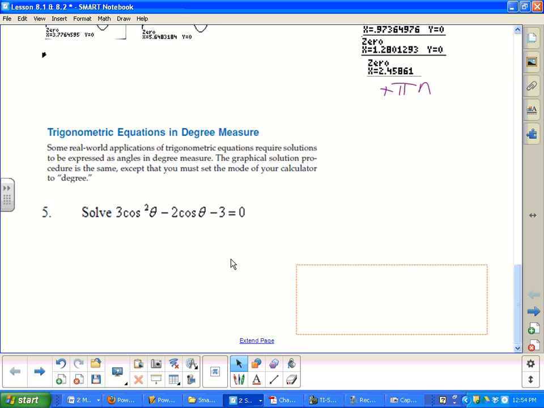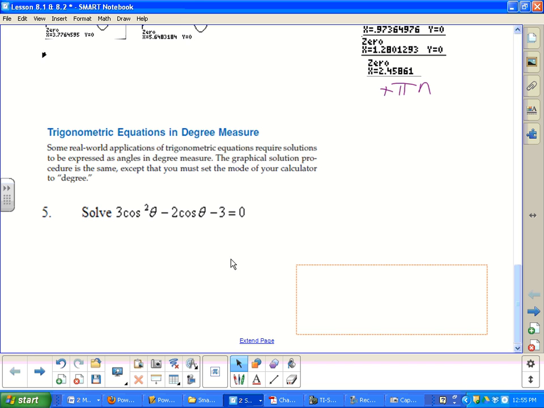Okay. Now, what did you just say, Allie? You have to change it to degrees. Yeah. Okay. Here they want our answers in degrees. So you've got to change your mode to degrees, which means you're also going to have to change your window to match degrees. What's the period for cosine in degrees? 360.